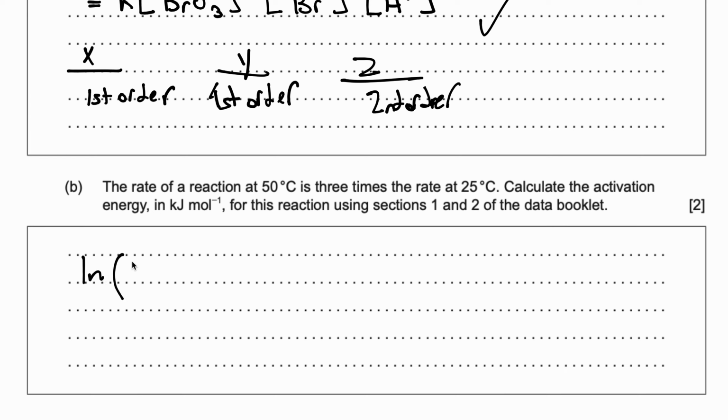It is this: ln of k1 over k2 is equal to Ea over R times (1/T1 minus 1/T2). This is an equation that's given in the data booklet, and this equation essentially helps us to compare the same reaction with two different rate constants, like it is there in this case.